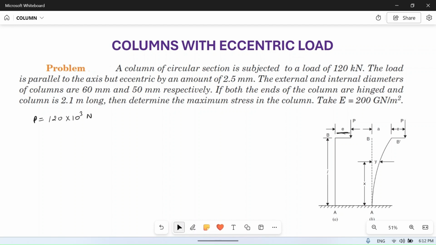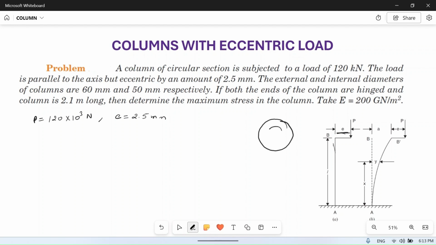The load is parallel to the axis, but with eccentricity by amount 2.5 mm. So this e is 2.5 mm.